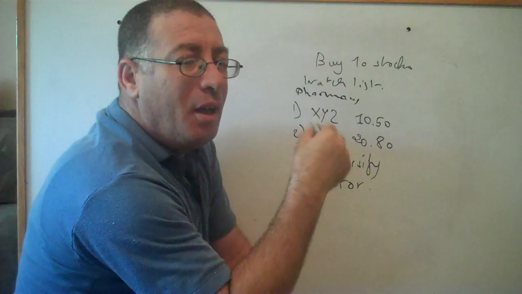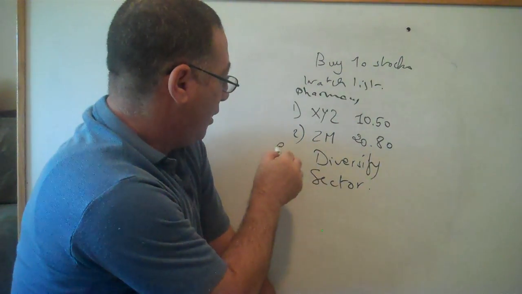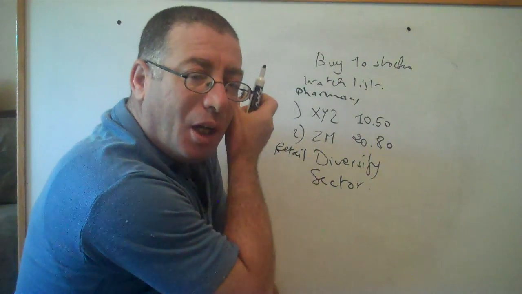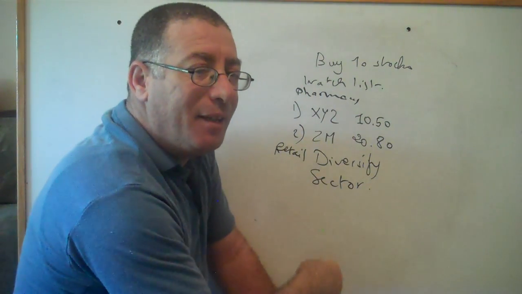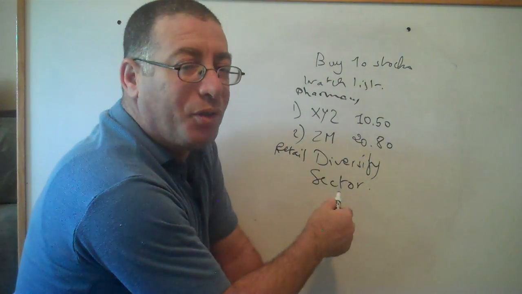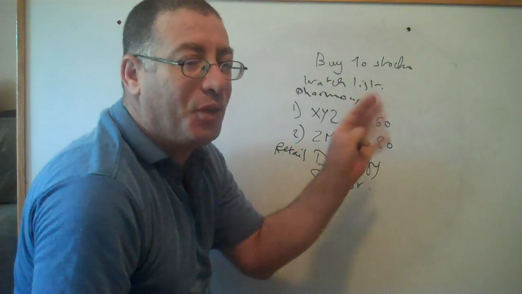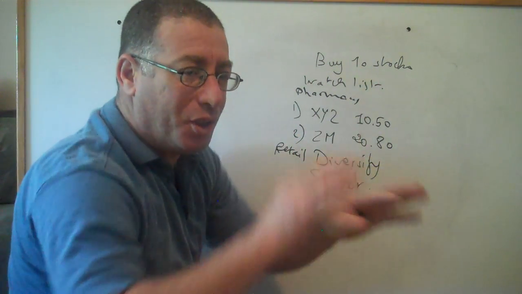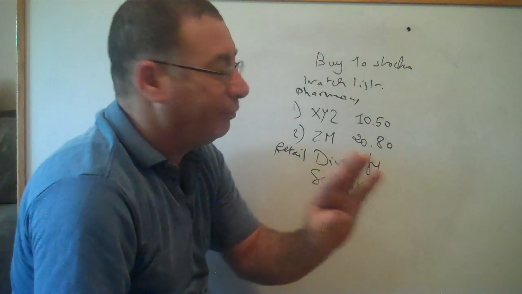The other one, you can go to retail. And you see the others. You can say banking, insurance, mining, wherever sector you want. So they should be all different from each other. This is what we call diversification. You don't buy from the same sector.